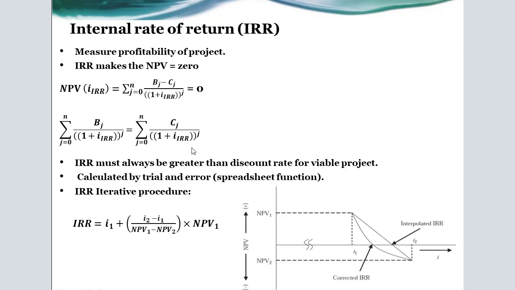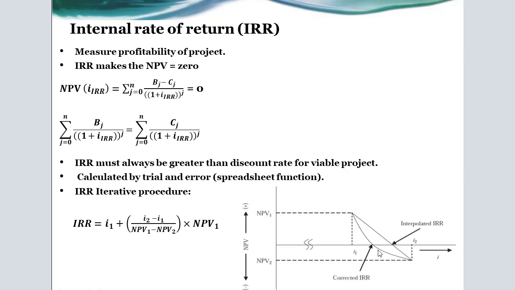And when we enter another value of i and substitute in this equation, we may have a negative net present value in trial number 2. And we can do many trials, of course.